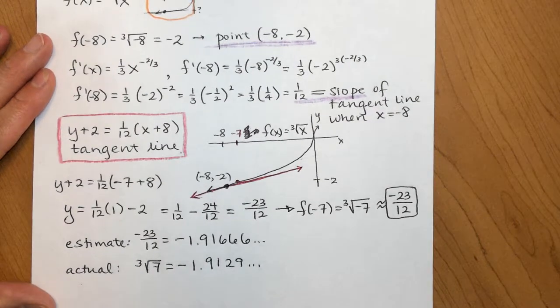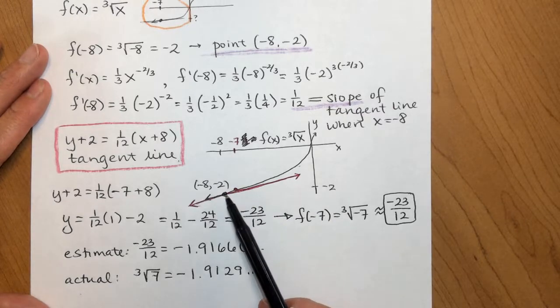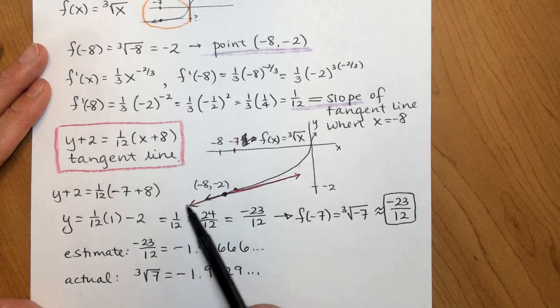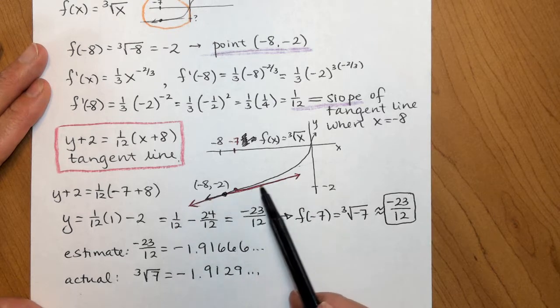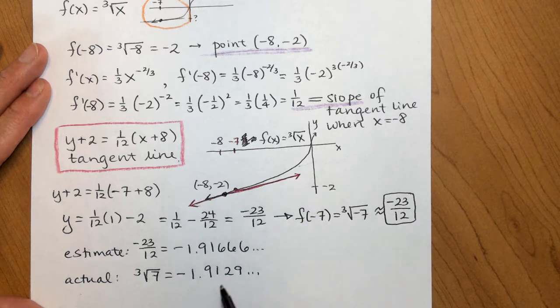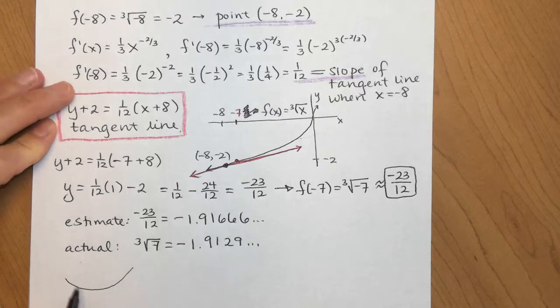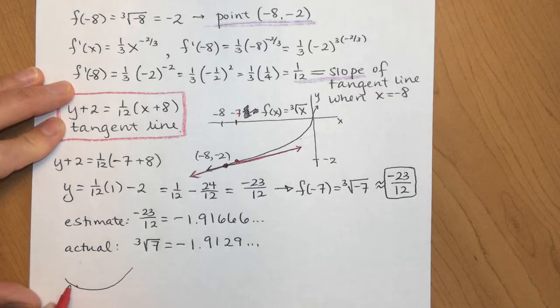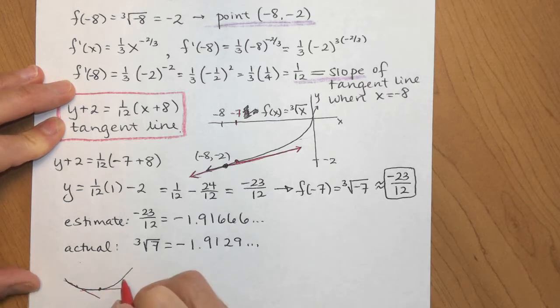Just a couple of other things to note about linear approximation. I said that the tangent line was below the graph here. The tangent line will be below the graph whenever the graph is concave up, right? If you think about what's going on, if I have a graph that's concave up, any tangent line I draw is going to be below the curve, right? All these tangent lines are below the curve.